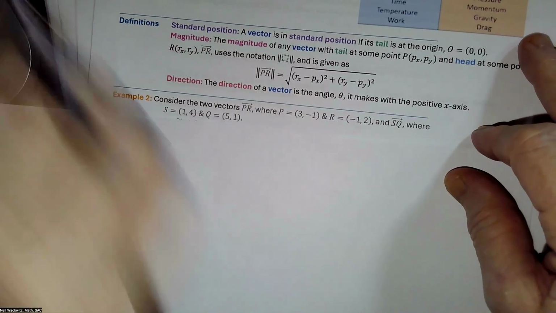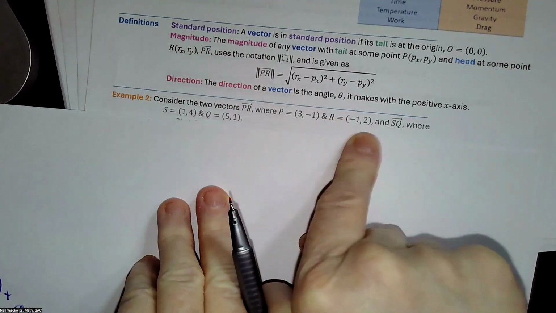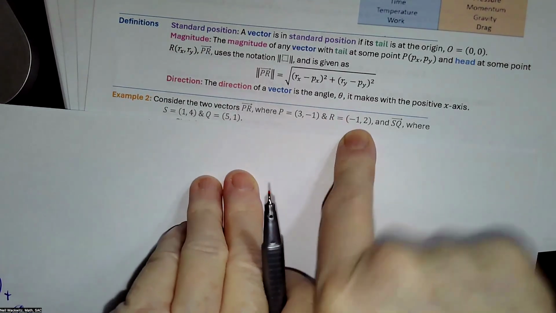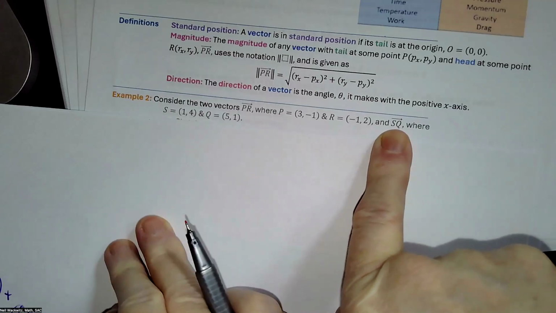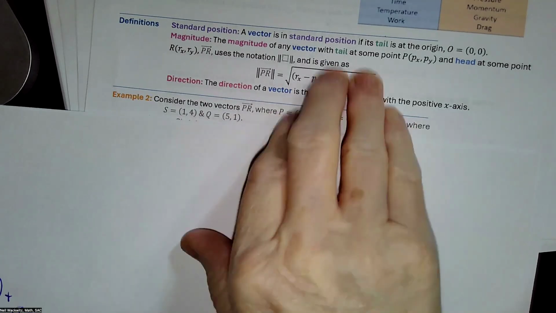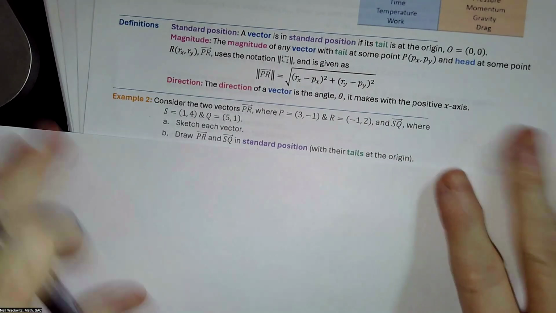All right, let's look at two vectors where PR is 3, -1, -1, 2, and SQ is 1, 4, 5, 1. And they want us to sketch the vectors.